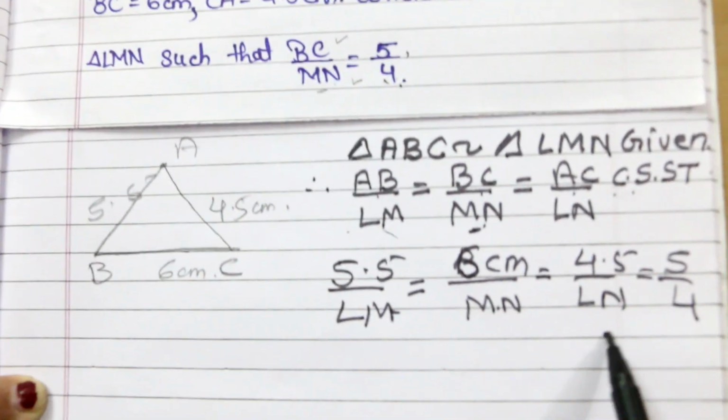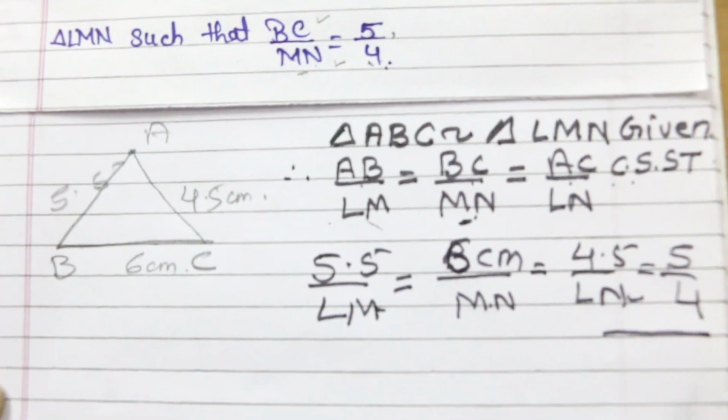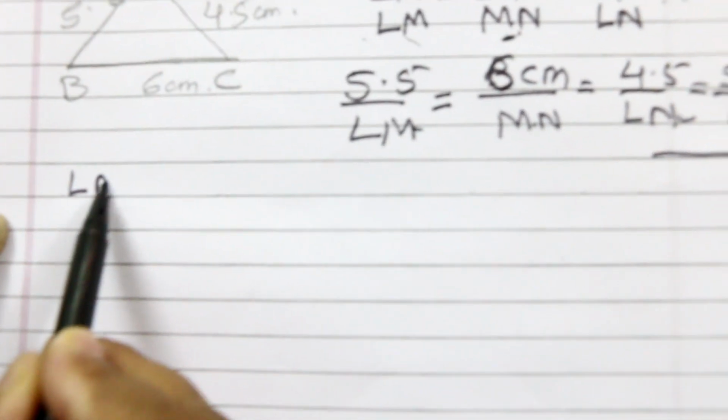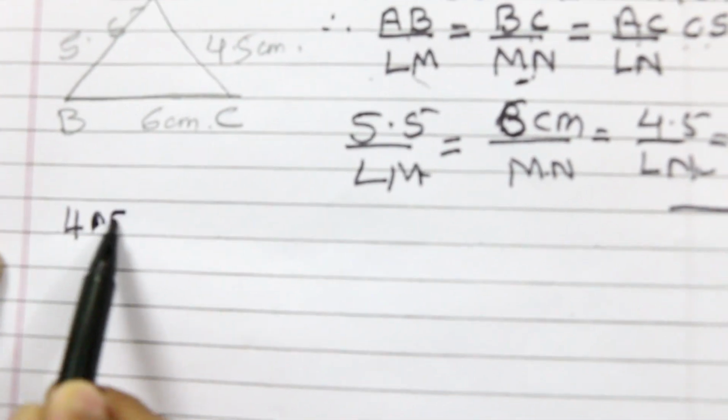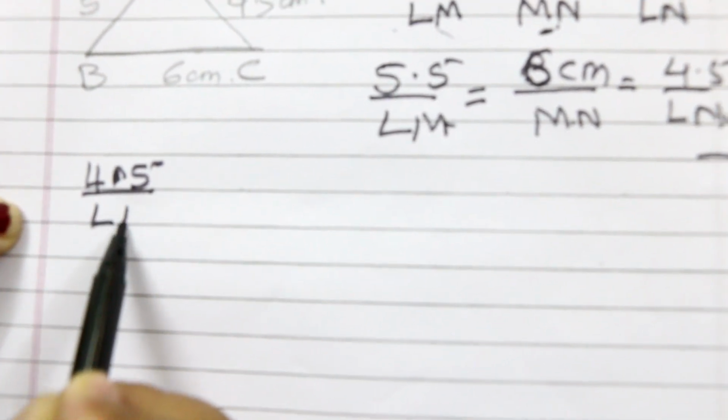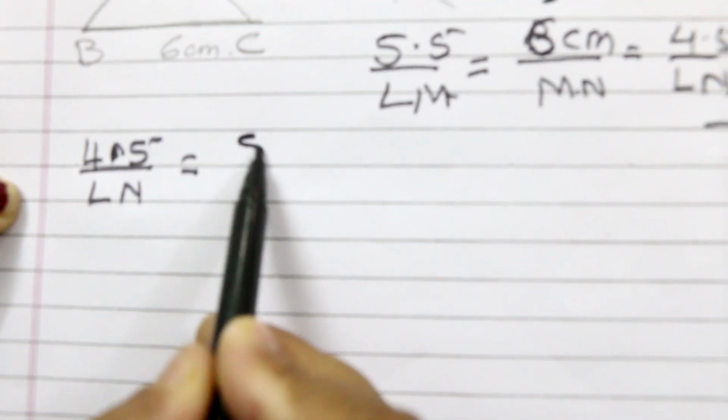BC upon MN is equal to 5/4, so I can write equal to 5/4. Now I can take this ratio and find out LN. So I'll take it here: 4.5 upon LN is equal to 5/4.